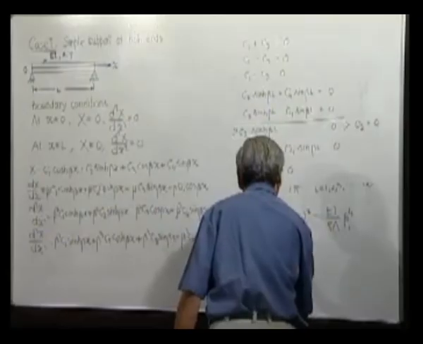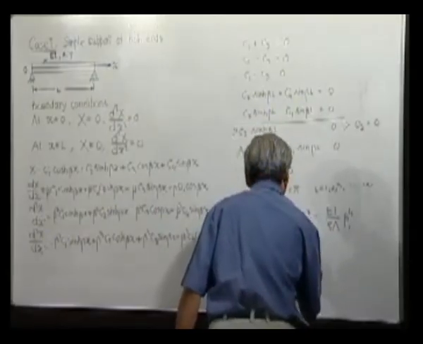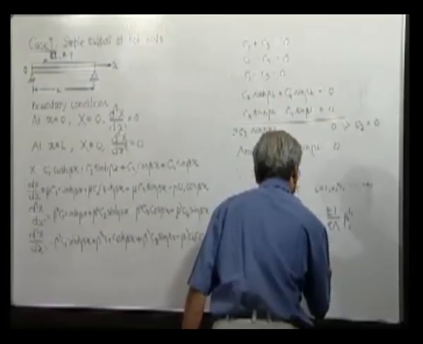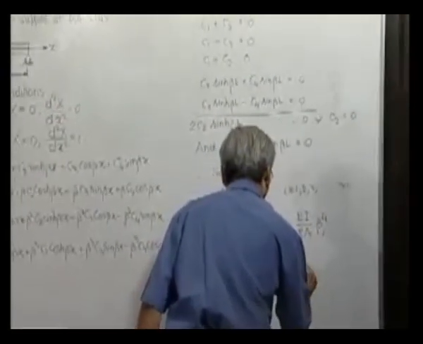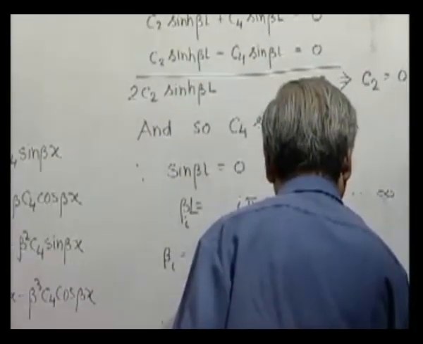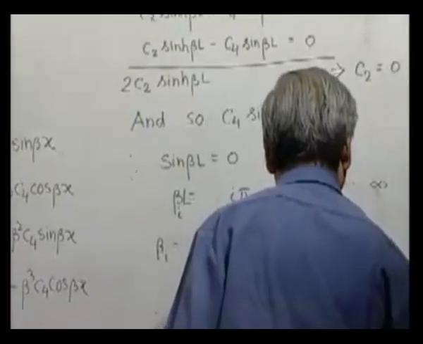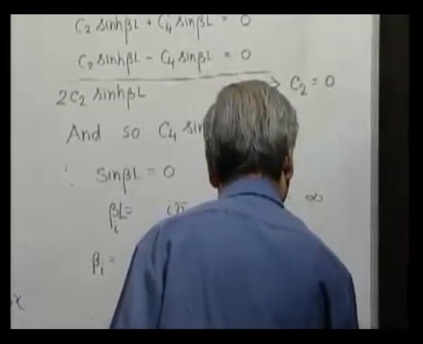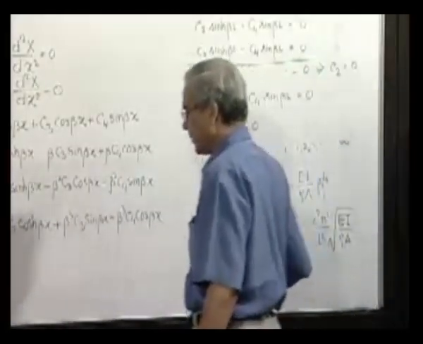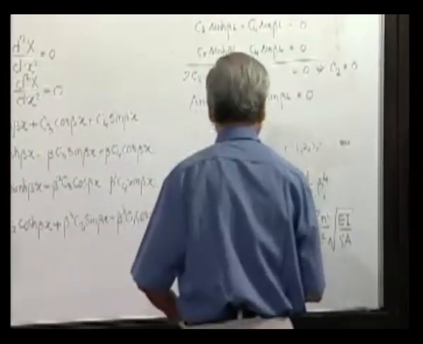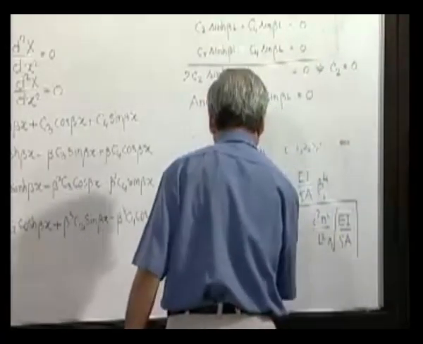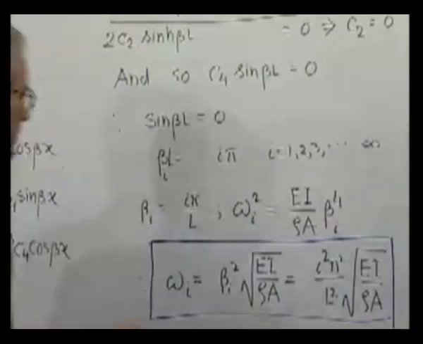So omega I will be beta I square times the square root of EI by rho A. Now beta I square is nothing but I square pi square by L square. So this is the expression which gives us the natural frequency of a simply supported beam in its lateral vibration.